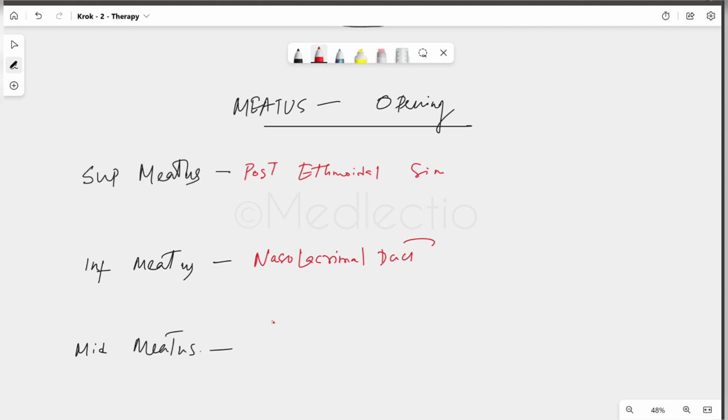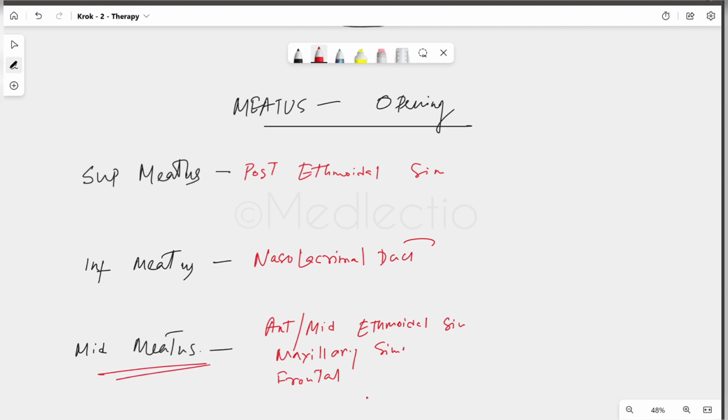In the middle we have anterior and middle ethmoidal sinus, and we have maxillary too, and frontal sinus.